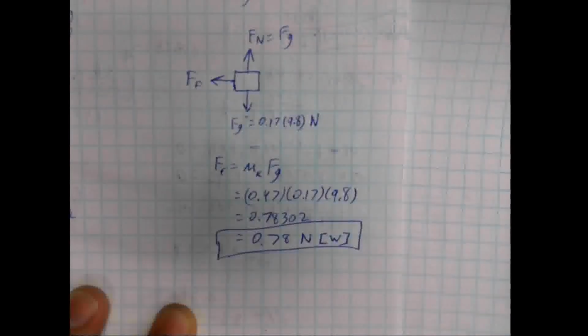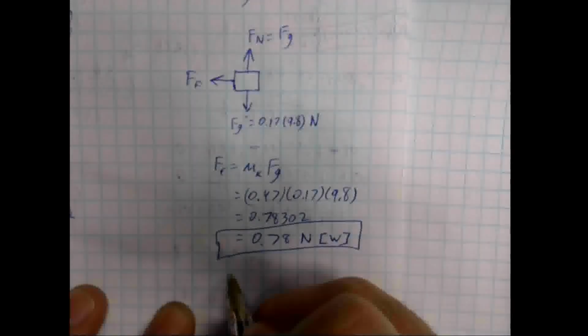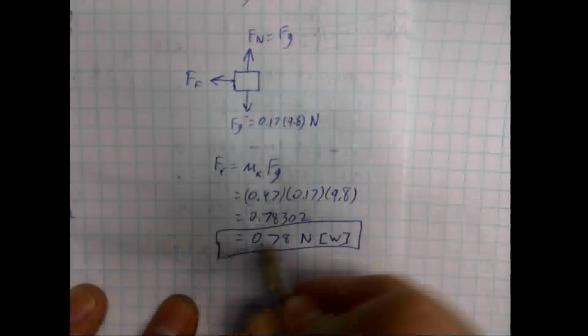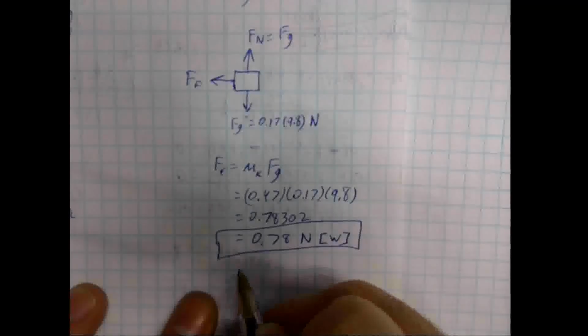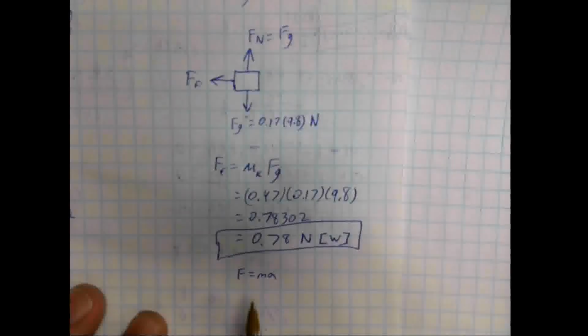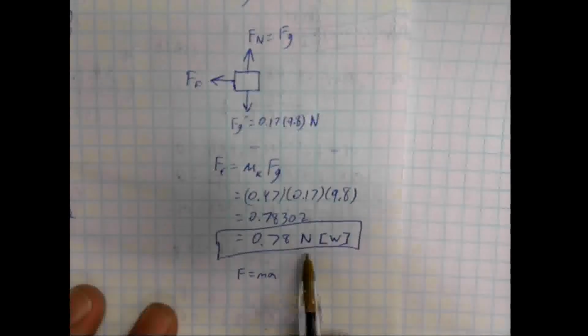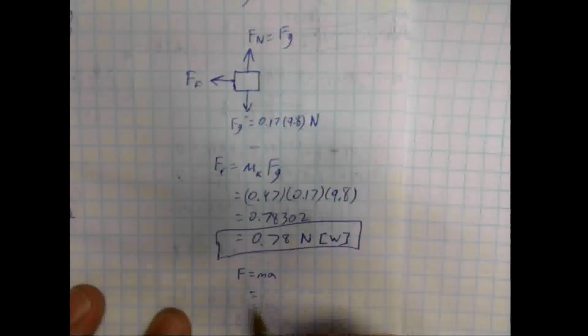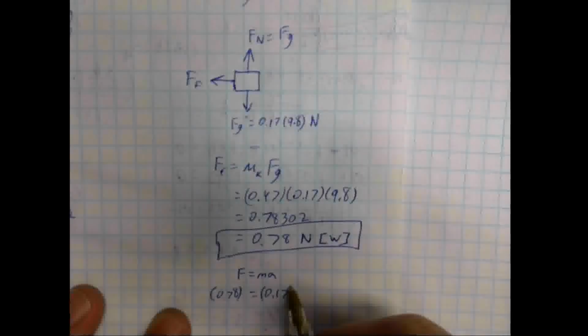The next part asks you to solve for the acceleration. So I have my friction. My acceleration can be found using F equals ma, and my F net is that friction there. That makes this 0.78, and my mass is 0.17.